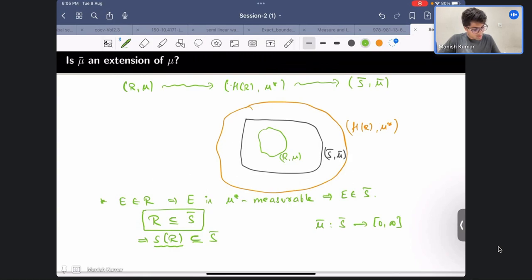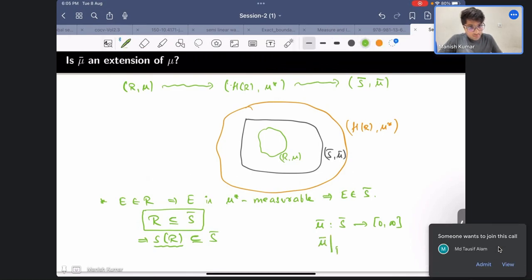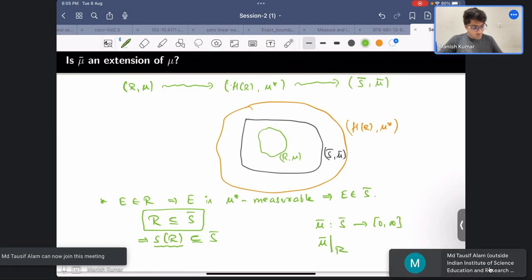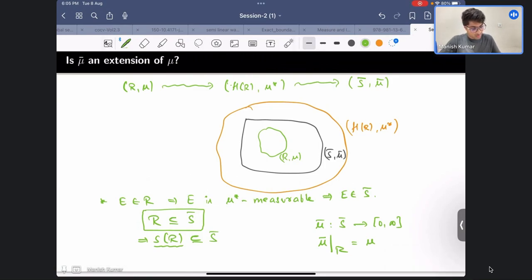And this is also a measure. Moreover, if you restrict mu bar on the set R, what you will get is mu.